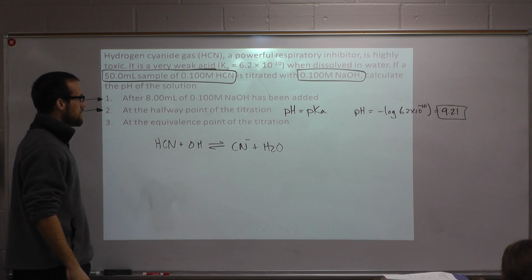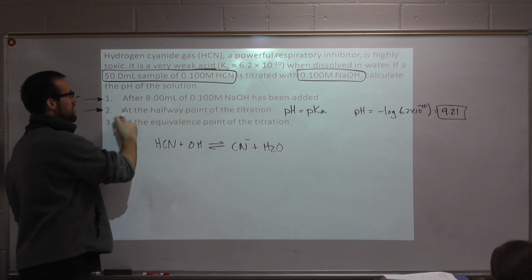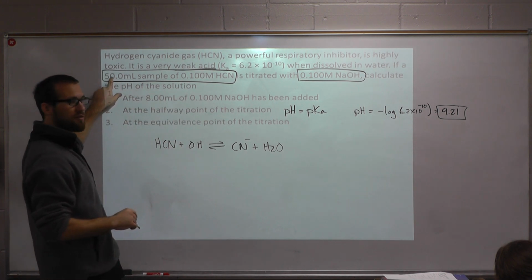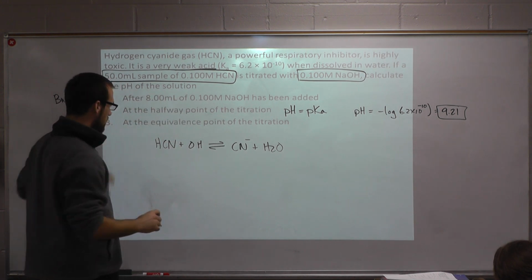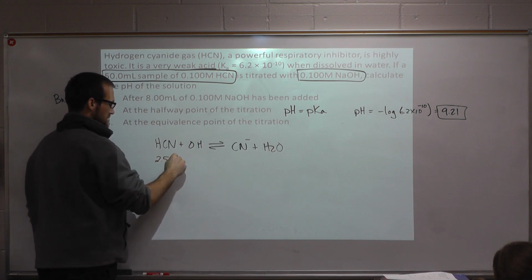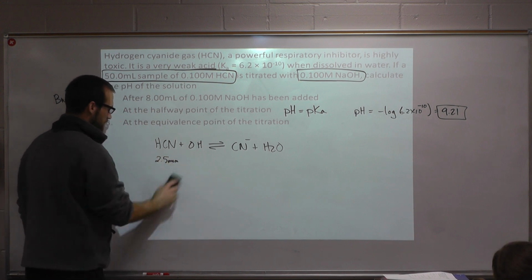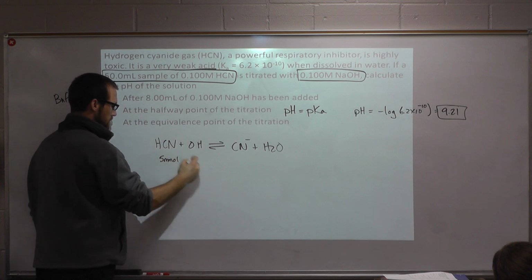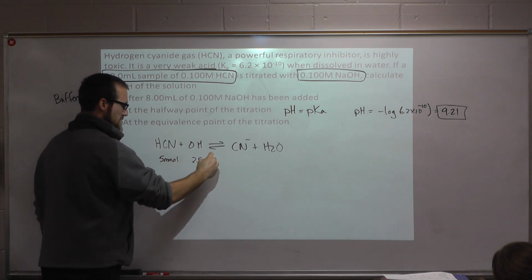Make sense? Okay? Now they didn't give us what the volume was, but if it's a 0.1 and a 0.1, we know that the volume had to be 25. Which would have given me 2.5 millimoles of this. Nope, sorry. I started with 5 millimoles. And then 2.5 millimoles of this.